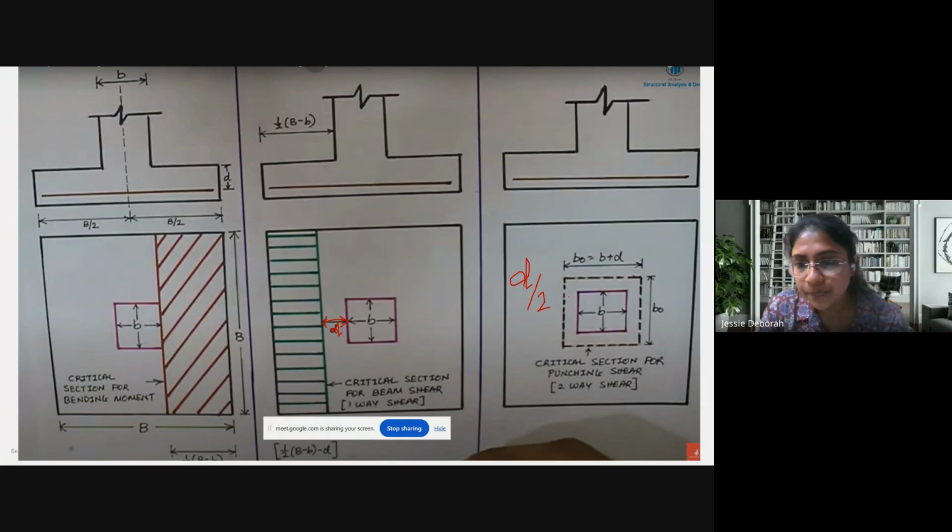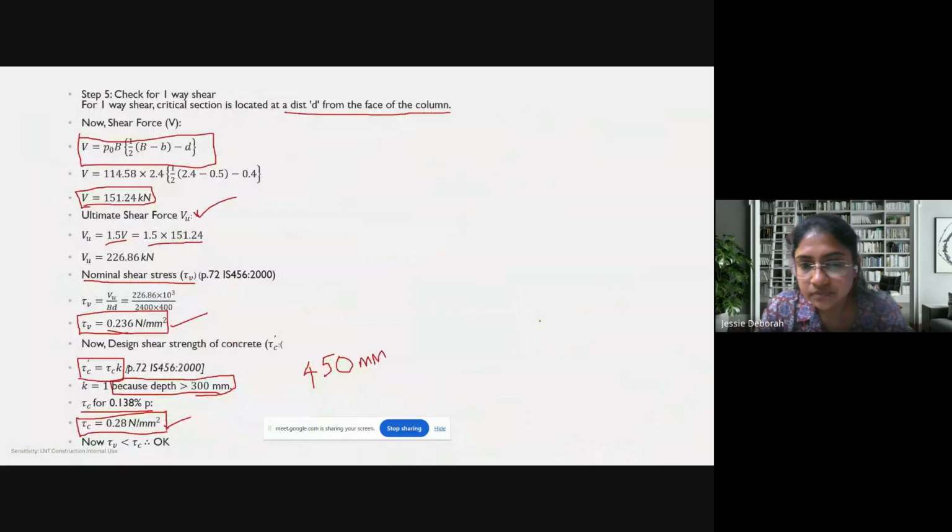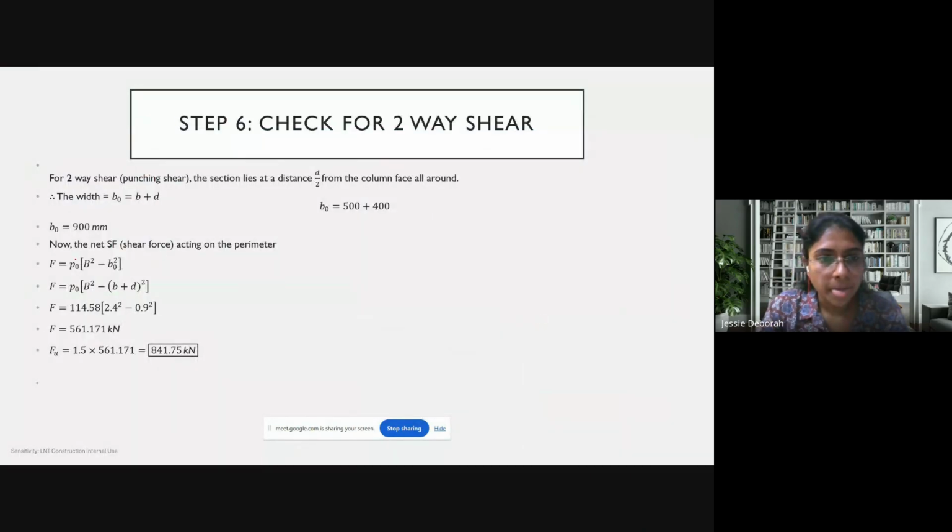Now here, this is your capital B, and this is d. For two-way punching shear, the critical section lies at a distance of d by 2 from the face of the column.